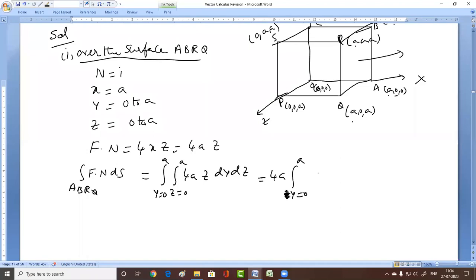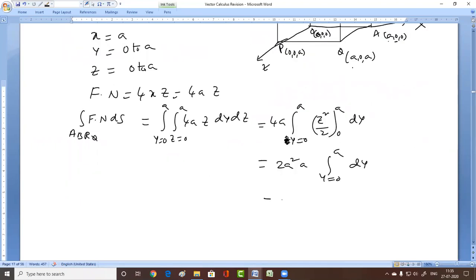The z integration is z square by 2, limit 0 to a, dy. 4 by 2, a into, if you put z equals a, you will get a square. Already a is there, y is 0 to a, dy. Now integration with respect to y, 2a cube into y, limit 0 to a, you will get 2a power 4. So this integral is along ABRQ.